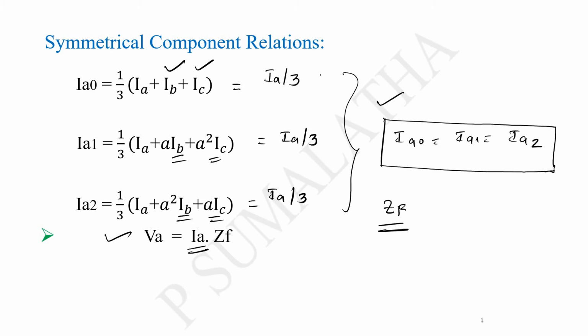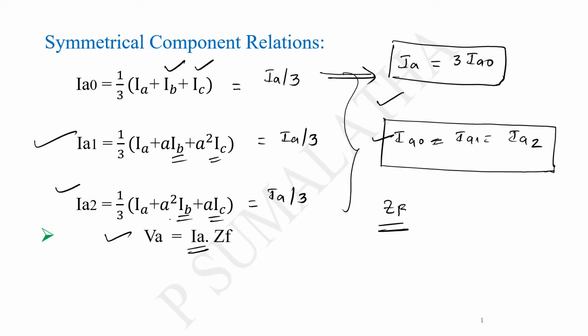If you look from the first relation, in the single line to ground fault, IA0 is equal to IA1, that is equal to IA2. From here you can take the current IA is equal to 3 times IA0. From this equation, IA is equal to 3 times IA1 and IA is equal to 3 times IA2; any equation you can substitute.